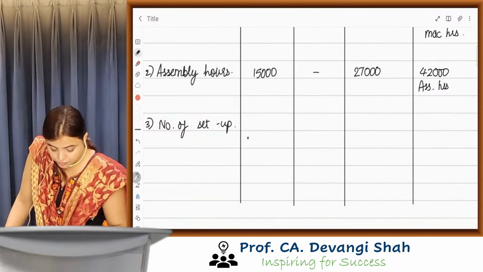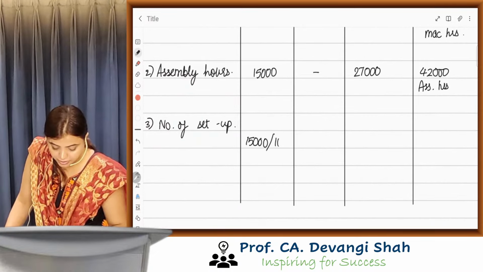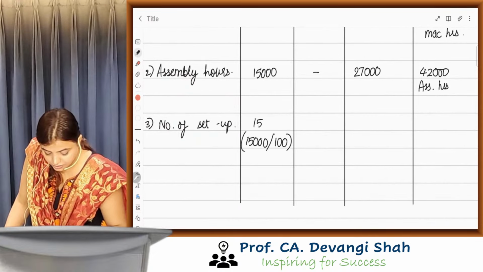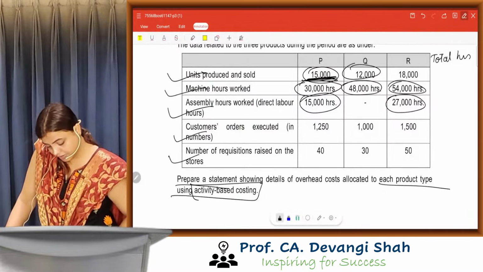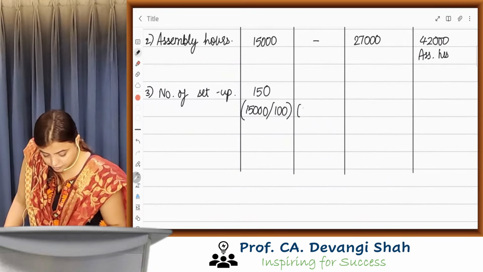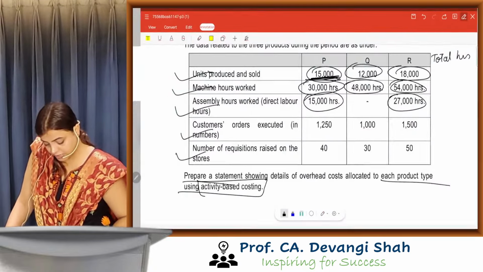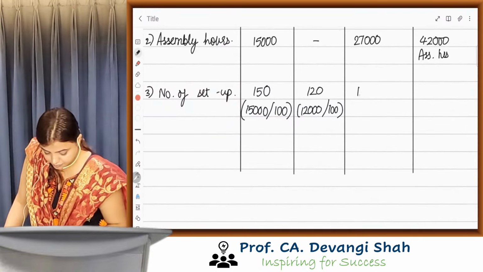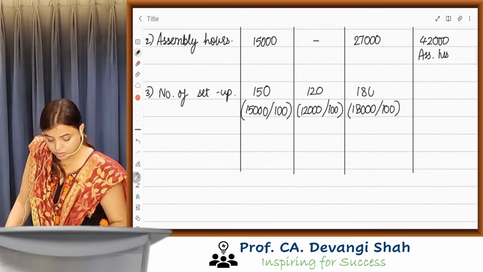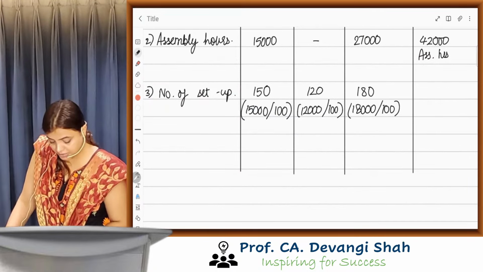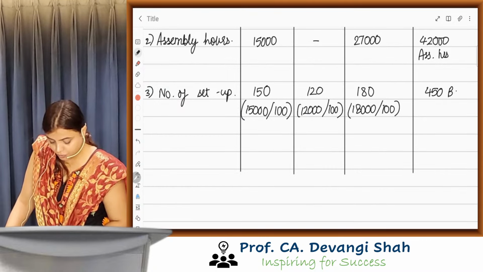It is 15,000 divided by 100. You get 150. 12,000 divided by 100, 120 batches. 18,000 divided by 100, 180 batches. Total 450 batches, friends, or 450 setups.